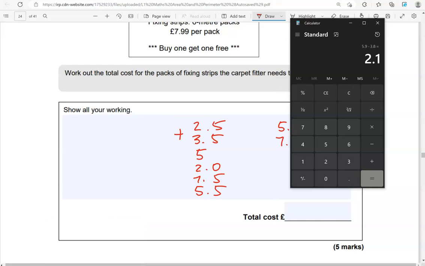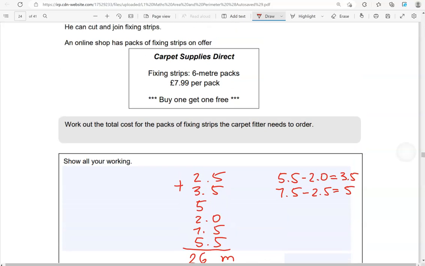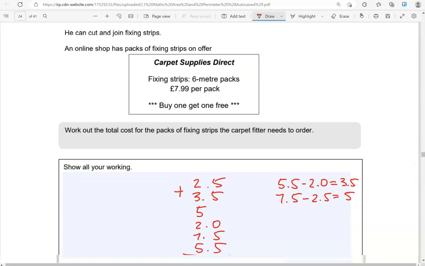Adding all of these together gives us 26 meters, that is. So 26 meters of fixing strips are needed.